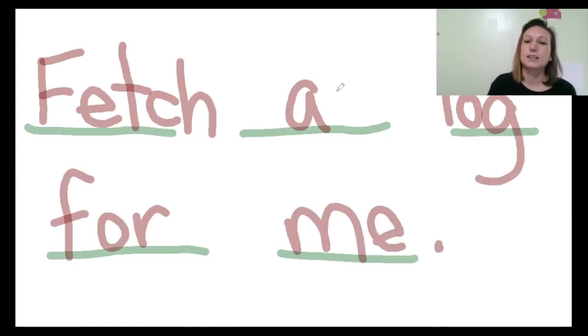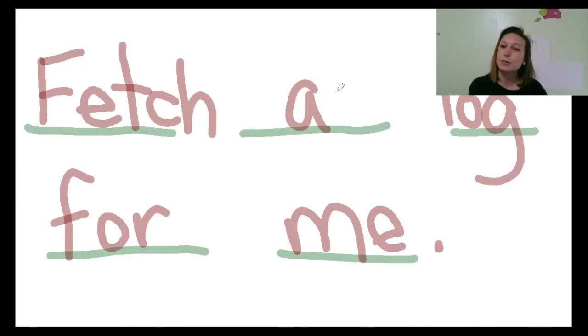And of course, a period. Uppercase letter on my first word, an uppercase F because it's the first word of my sentence. I have space between my words and a period at the end. Fetch a log for me.